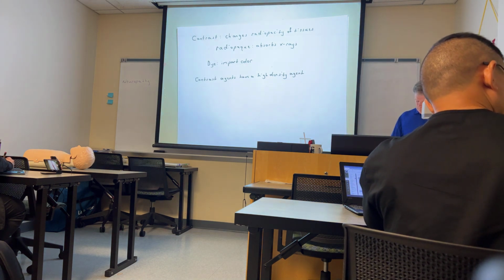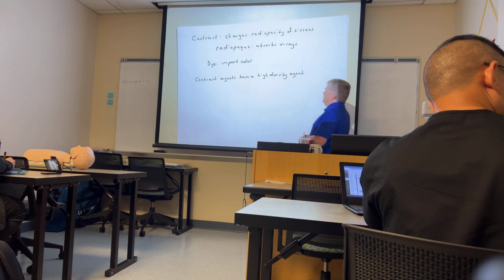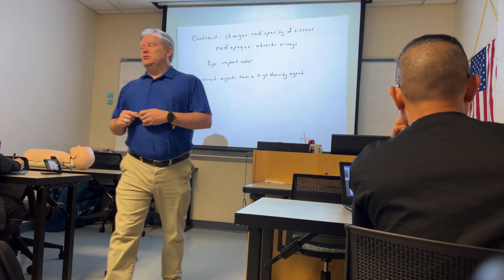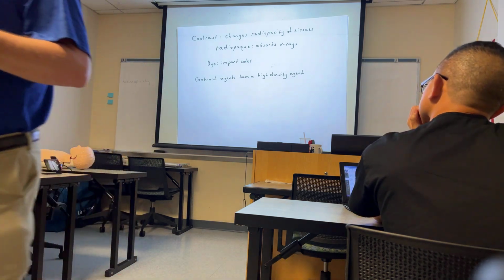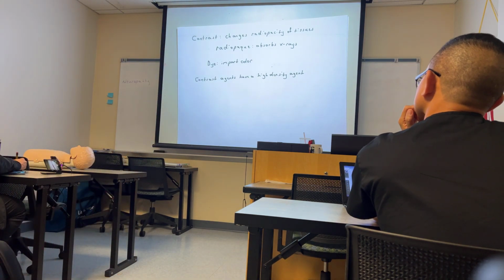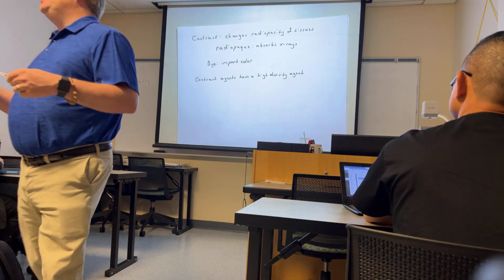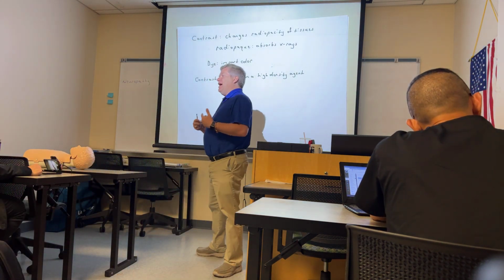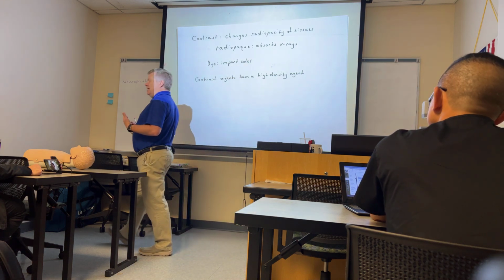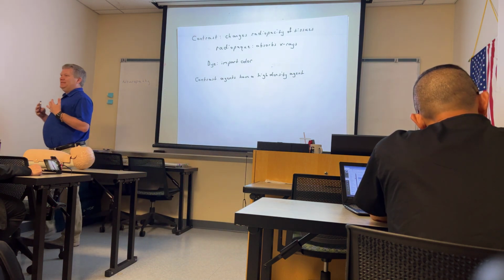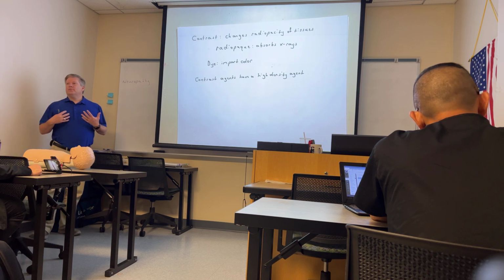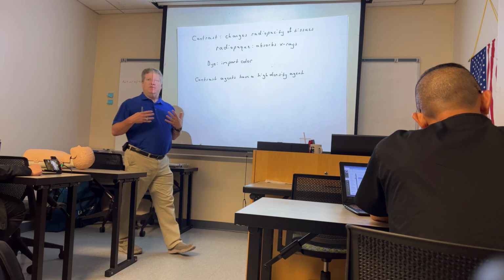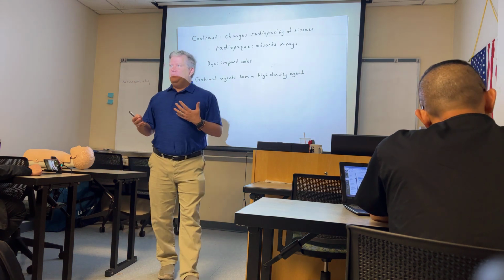Contrast agents have a high density agent. When we talk about contrast agents, we're talking about the type of contrast. A contrast agent is a substance that produces contrast. And contrast agents have a high density agent, which means there's something inside of them of increased density that will absorb X-rays. Remember, X-rays are absorbed based upon the density of the atom it interacts with.